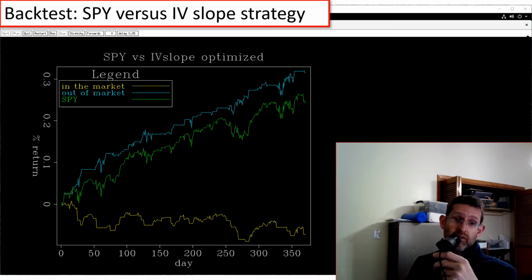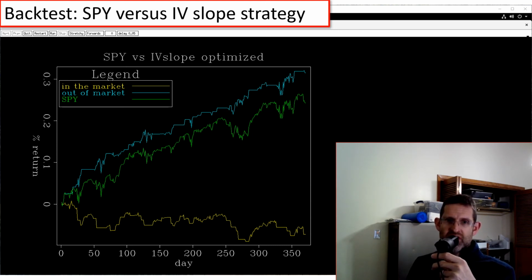The yellow curve, which tells us when we should have been out of the market, actually trends downward. So that means that in the common situation where the IV slope is to the right of that threshold line, we have a negative expectancy. The IV slope strategy is trying to pick up the big moves that often occur the day after the IV slope flips to backwardation.